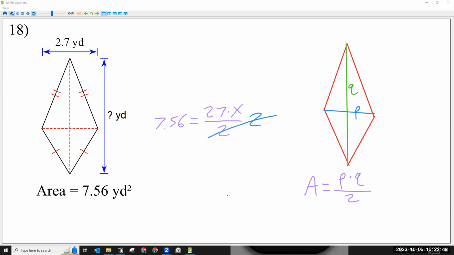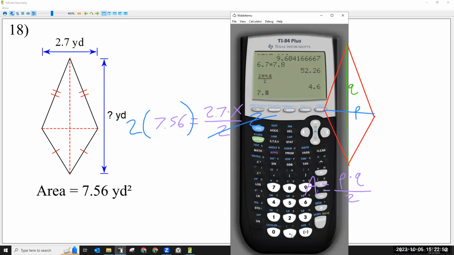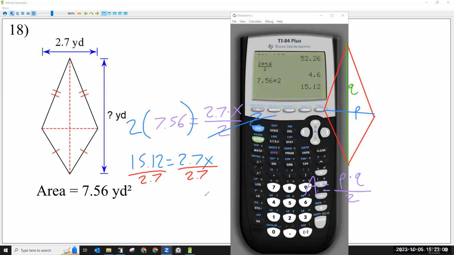Multiply both sides by 2. 7.56 times 2 is 15.12. Divide both sides by 2.7. And I get 5.6 as my x. That'd be yards.